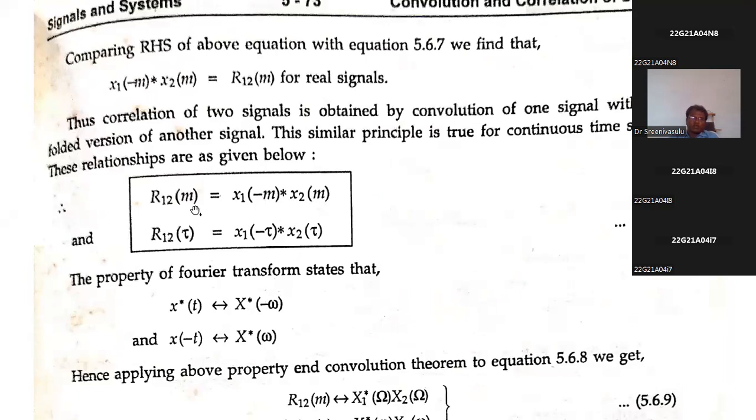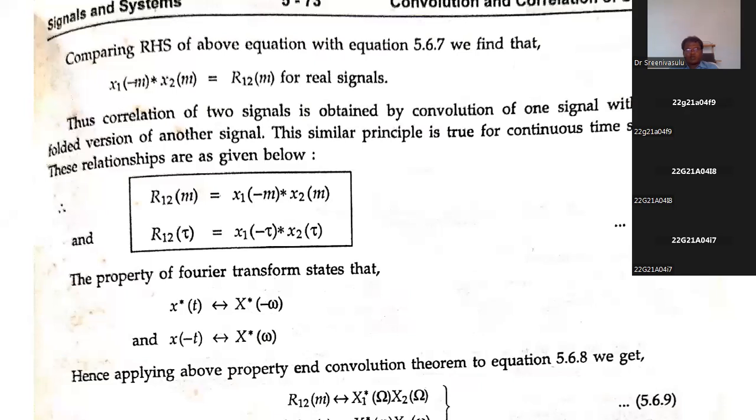Simply, you see R12 of M is equal to the convolution between two signals, where one of the signals is time reversed. That is the only thing. Between them there is a convolution operation. Compare this with the convolution formula: previously, a general convolution means x1 of n convolved with x2 of n. But here, one signal is time reversed, and the other signal is as usual.